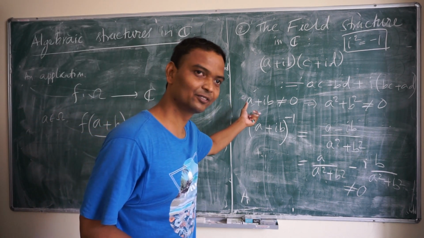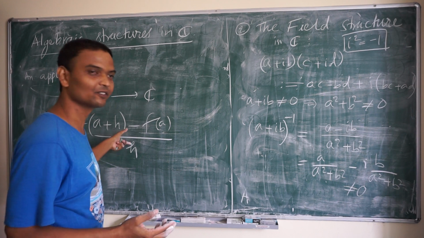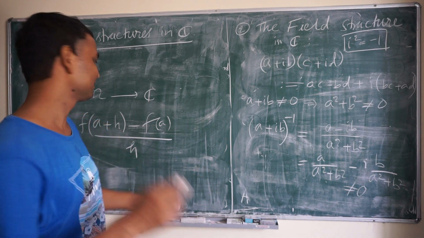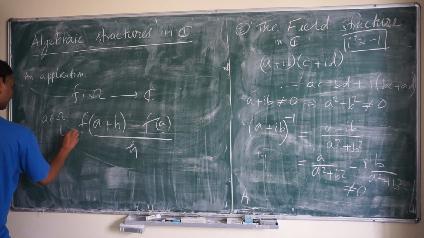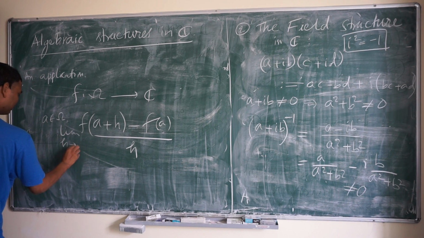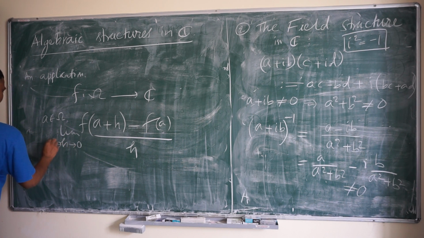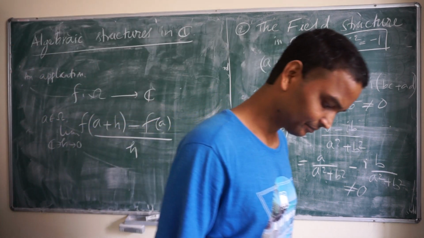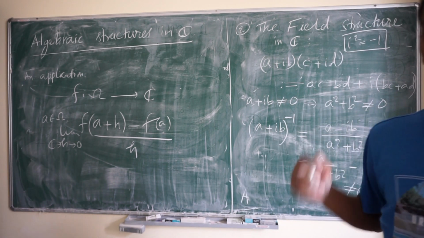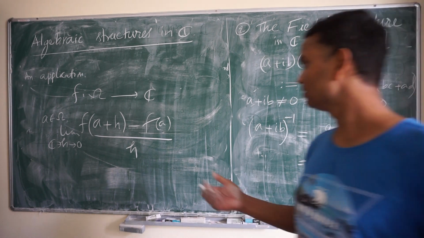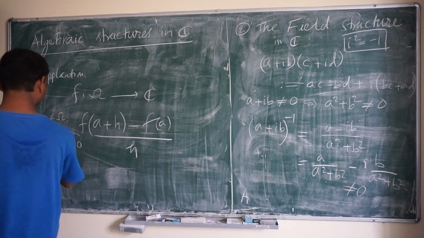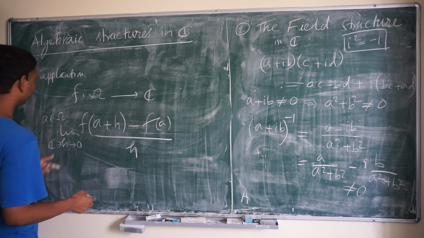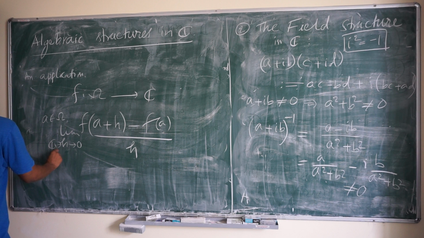Because of the field structure, this 1 by H, which is H inverse, makes sense. So the limit as H tends to 0, where H is in C but non-zero. If H is 0, this does not make sense. So H is in C minus 0.